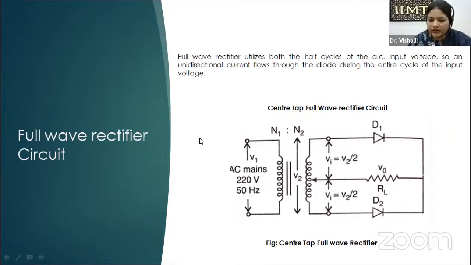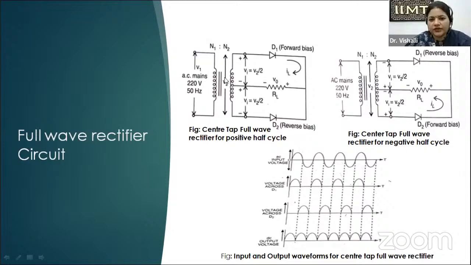Now let's see its working, to understand how it converts AC to DC in both half cycles. Take the AC input voltage, a sinusoidal wave that has two half cycles: one is the positive half cycle and the other is the negative half cycle.